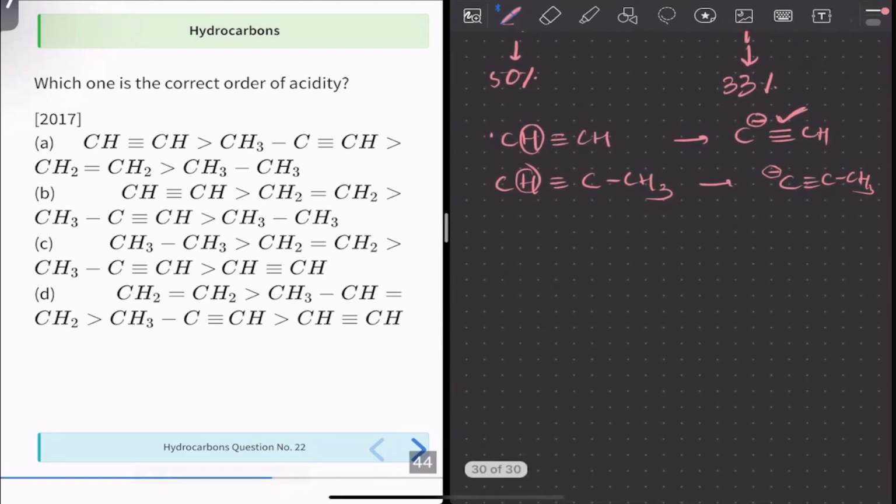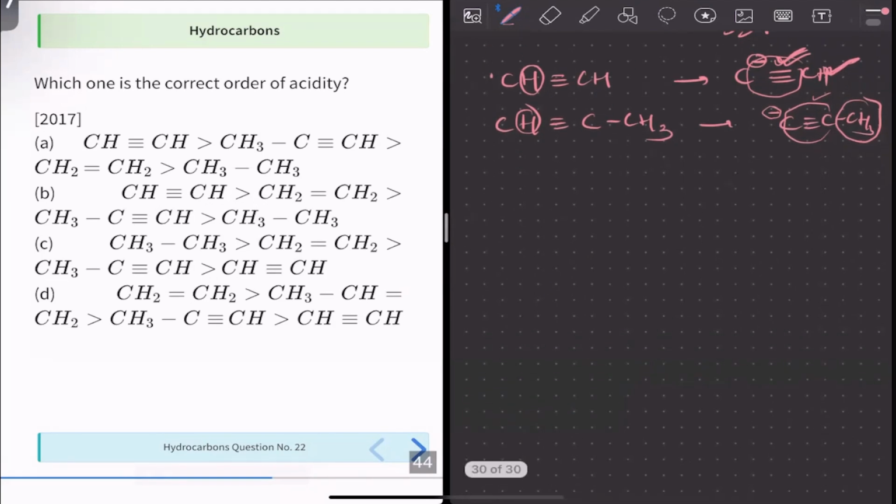So in which condition is the carbanion more stable? In the first situation, because here a CH3 group is added, which will give additional electron cloud towards the carbanion. So it will destabilize the carbanion.